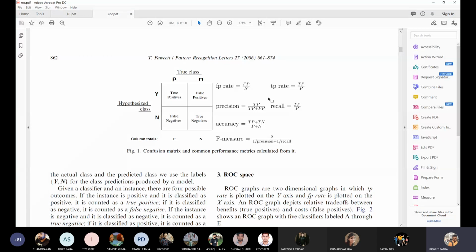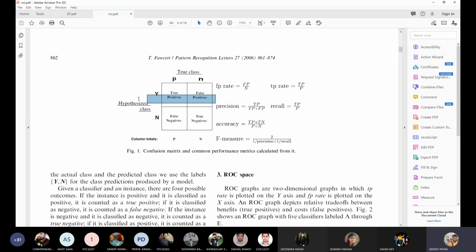So what is precision? Whenever you talk about precision, remember that it means how precise your classifier is. Your classifier said this entire row is positive class, and out of these predicted positives, how many really belong to the positive class, that gives you the true positive that I mentioned earlier.